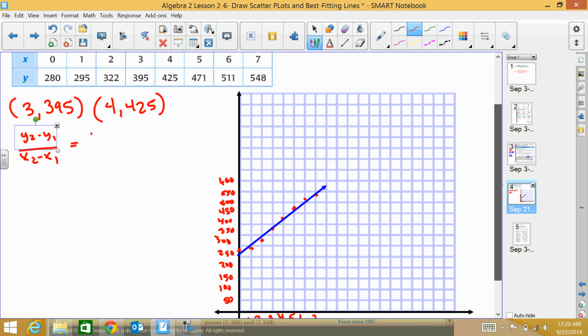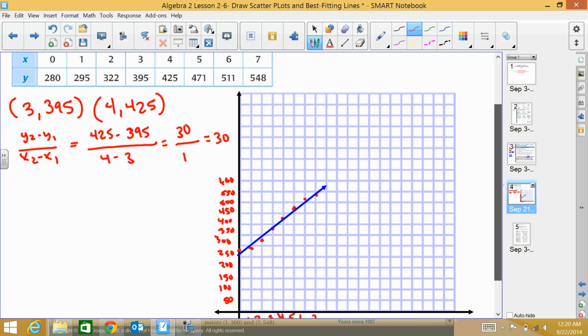So I'm going to take 425 minus 395 over 4 minus 3, which is 1, and then this would give me 30. So that reduces just to 30.